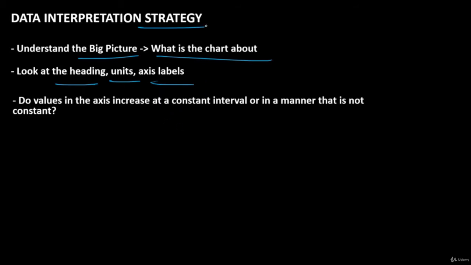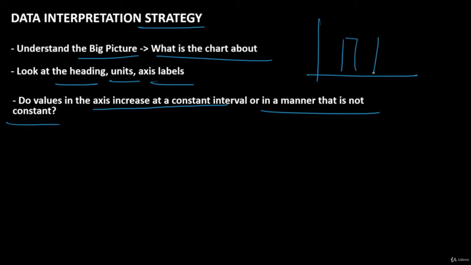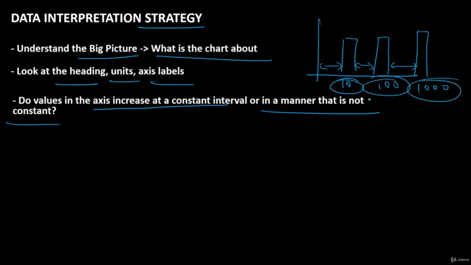All right. And also do check whether the axis is increasing at a constant interval or in a manner that is not constant, right? You could have a diagram where this is 10, this is 100, and this is 1000, right? In this case, even though this distance looks the same, because it's mentioned in the axis labels, you have a case where it's not increasing in a uniform manner.